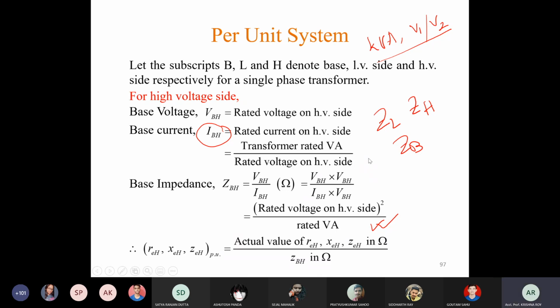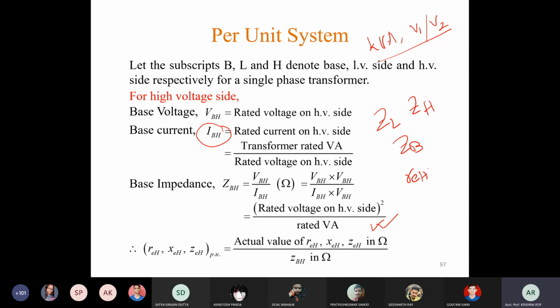Now this winding resistance, leakage reactance and leakage impedance from the high voltage side. See, these are the equivalent resistance calculated from the high voltage side. So REH, what is this actually?